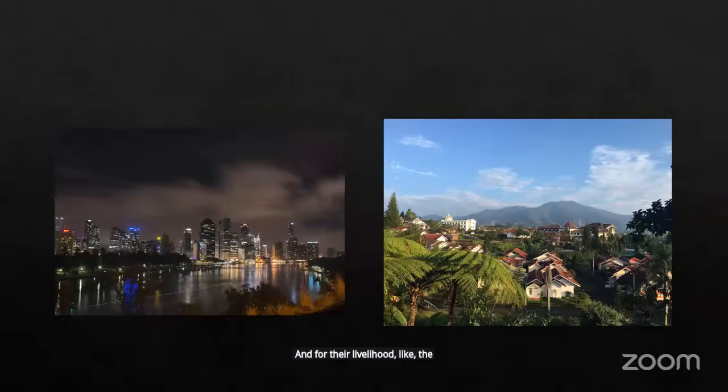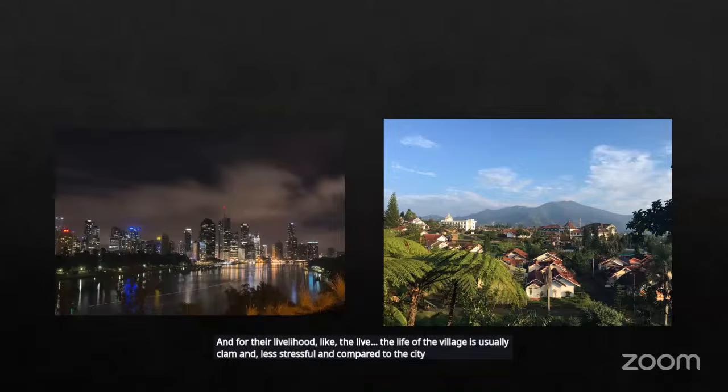The life of the village is usually calm and less stressful compared to city life. The village represents simplicity, nature, peace, and strong human connections, offering a calm and healthy environment.